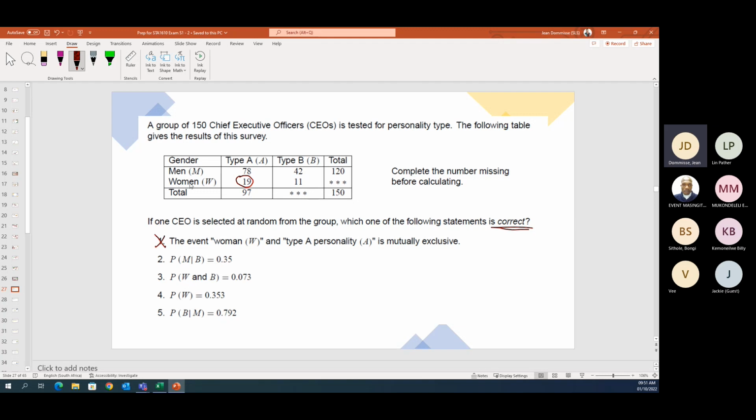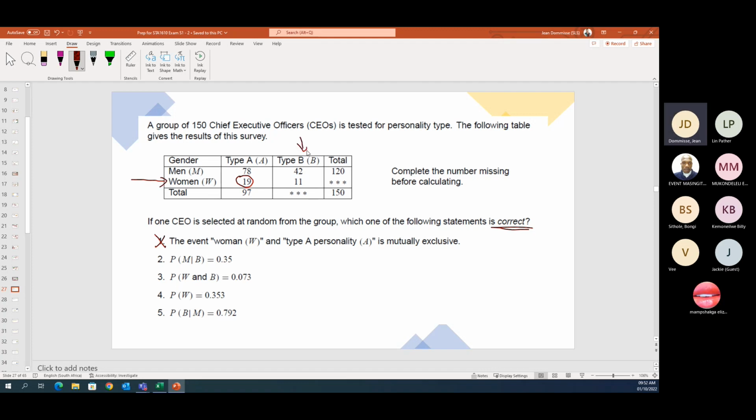Okay, let's look at, there's an answer. Maybe we can look at that. Probability of women and type B. Okay, so we've got a value there. So 11 divided by 150 must give us that answer. So 11 divided by 150, 0.073. Okay. That's correct, actually.